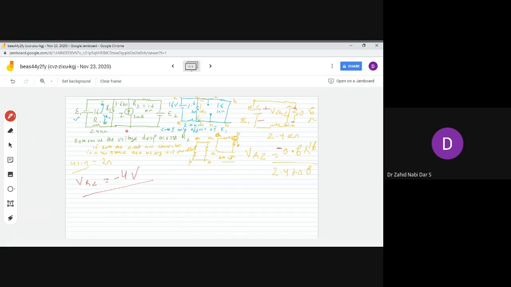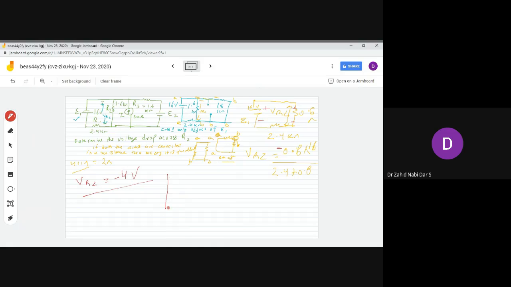Now from the very same problem, let's analyze the effect of the current source. If you are taking the current source, E1 will be short circuited, E2 will be short circuited, and only the current source will remain. So E1 is short circuited.